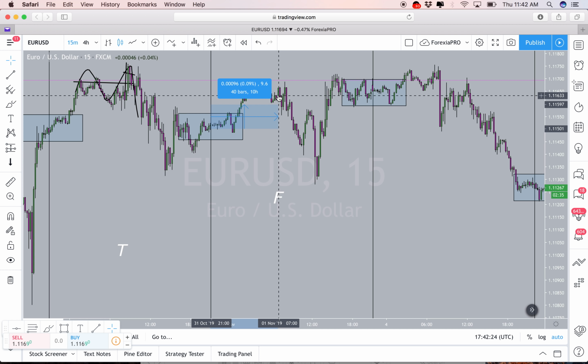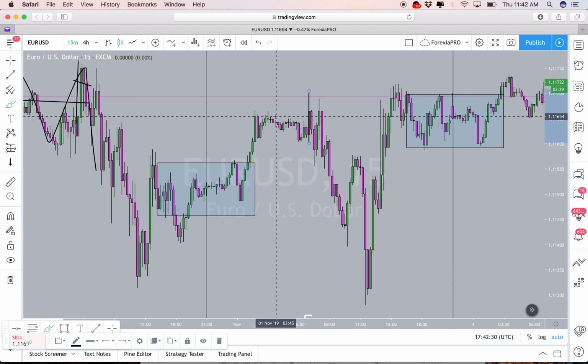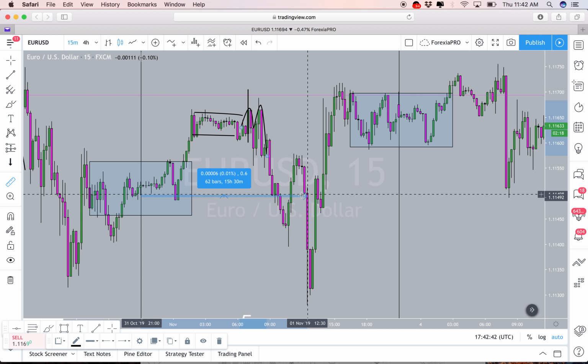Here is exactly London session open, breakout of this small consolidation, M formation off the high, and don't forget about the New York reversal off the low.